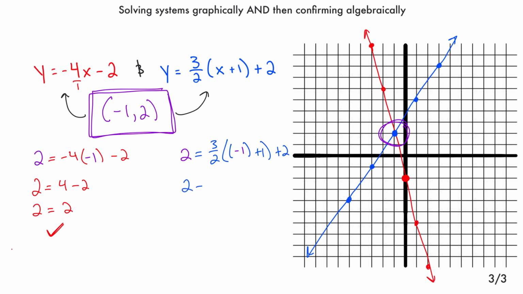So I get 2 is equal to 3 over 2 times 0 plus 2. 3 over 2 times 0 is 0. 0 plus 2 is 2. It checks out for the second equation. Therefore, I know I got the right answer. I know that I didn't graph them wrong. I know I didn't count wrong. The answer I got by looking at my graph, that -1, 2, is the correct answer.